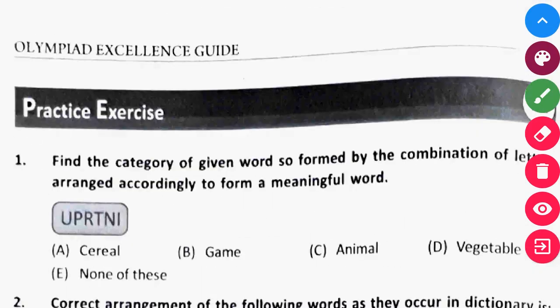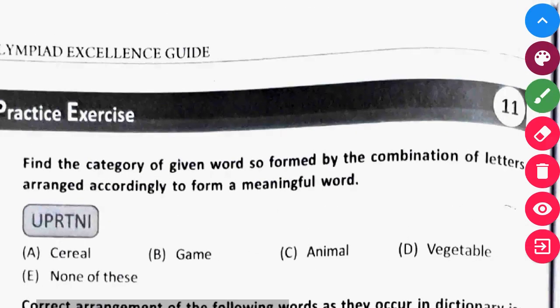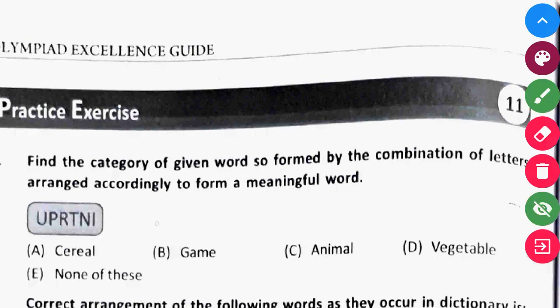Our very first question in this reasoning and aptitude category is to find the category of the given word formed by the combination of letters arranged accordingly to form a meaningful word.